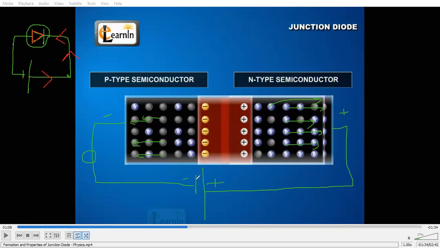That's the function of a diode, allowing current to flow in one direction. In order for it to do that, the P type must be connected to the positive terminal and the N type to the negative, like your anode connected to positive, cathode to negative.